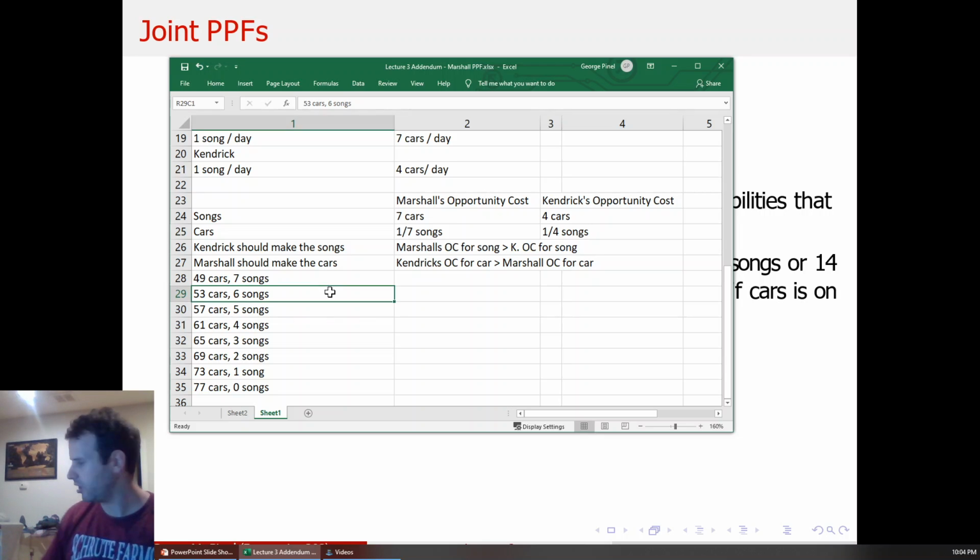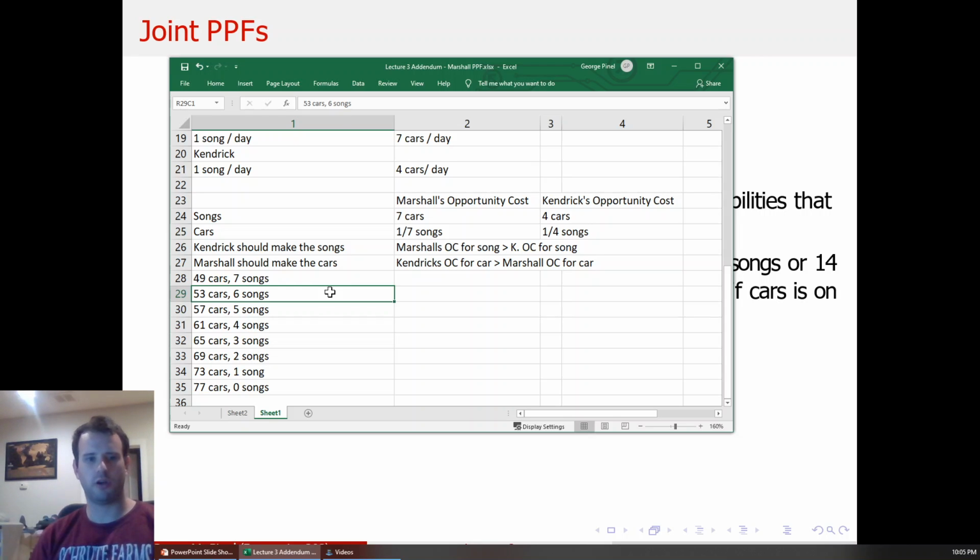Okay. So in this example, the person with comparative advantage in songs is still making all of the songs, and the person with comparative advantage in cars is still spending all of their time making cars. It's just that they want to make more than 49 cars. They want 53 cars and 6 songs. So imagine an economy in which the price for a car is a lot higher, such that you would want to make more cars than songs.